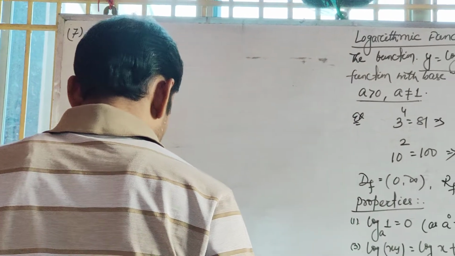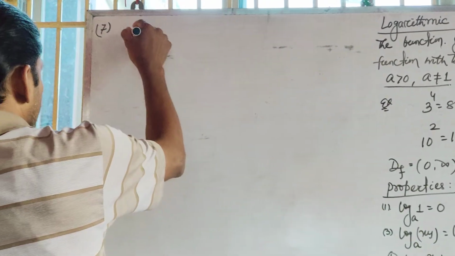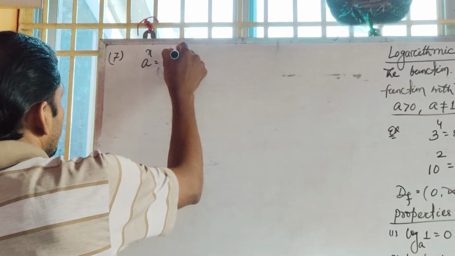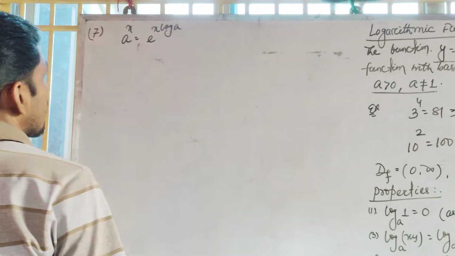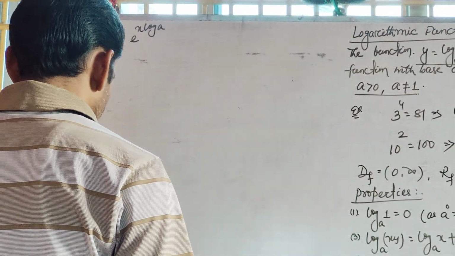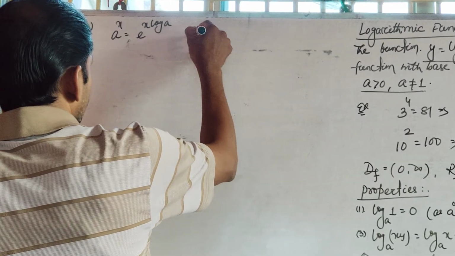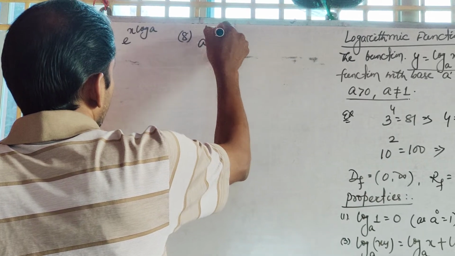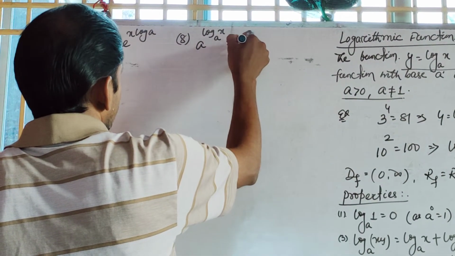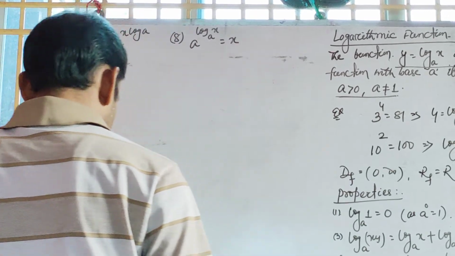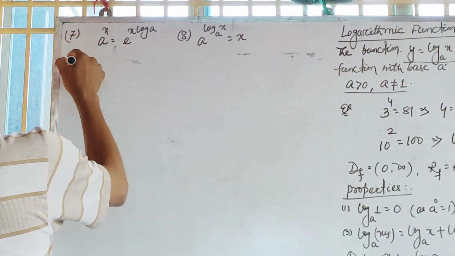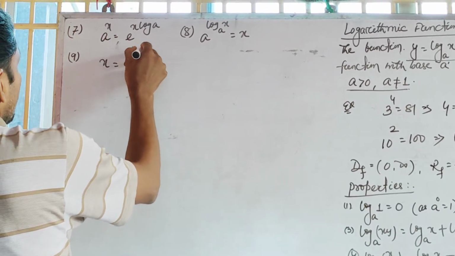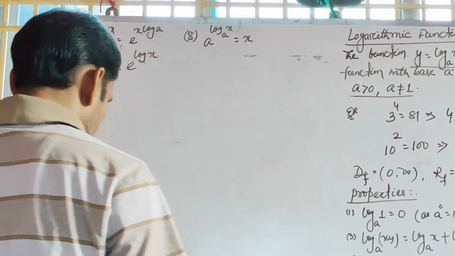The seventh property is a to the power x. This is e to the power x log a. Okay. Number 8. The eighth property is a to the power log a x is equal to x. Ninth property, x equal to e to the power log x.